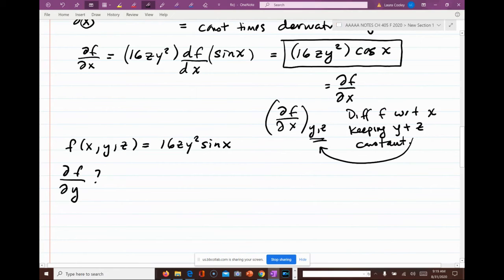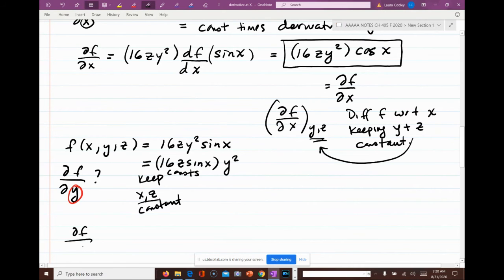Once again, I'm going to keep x and z constant because I'm differentiating with respect to y. So I'm going to put all the x's and z's in front. So these are constants, or I can treat them that way. And then I just have the y squared to differentiate.